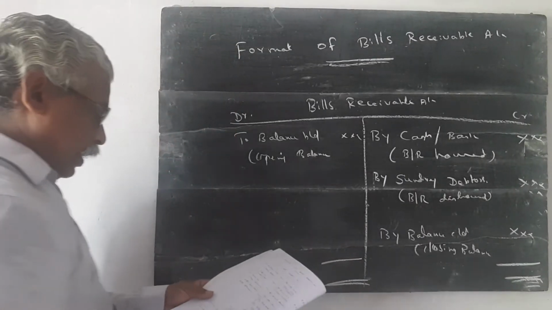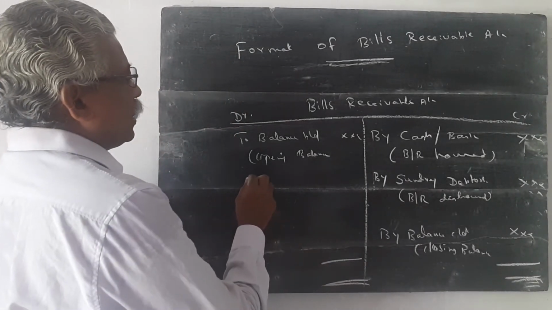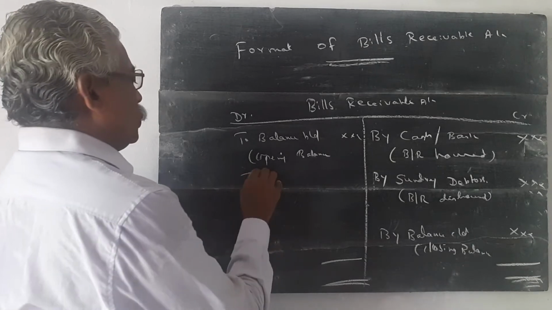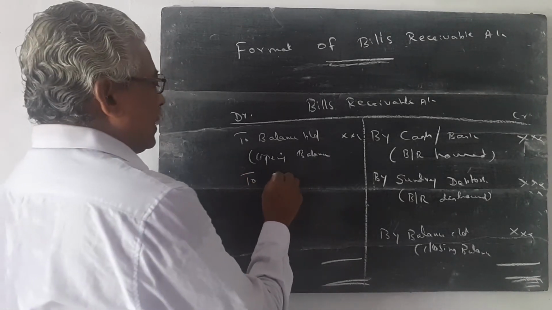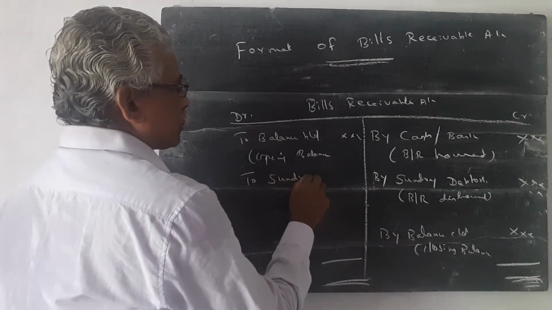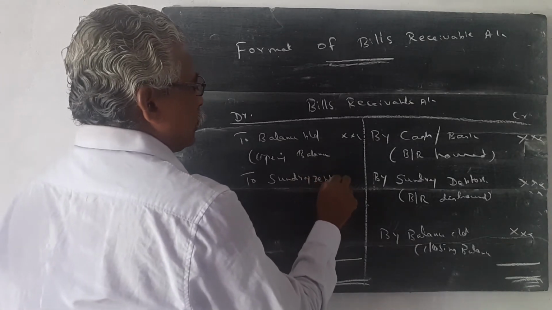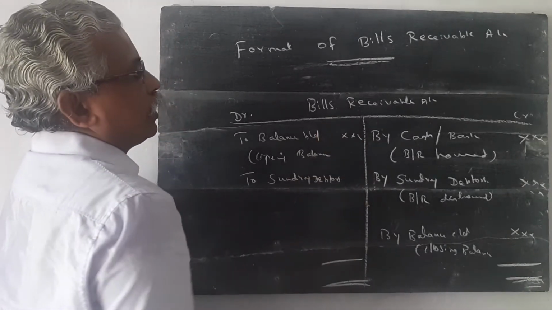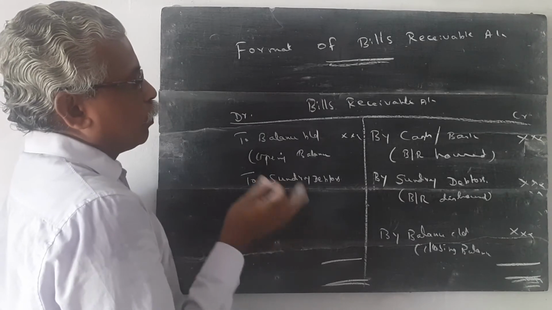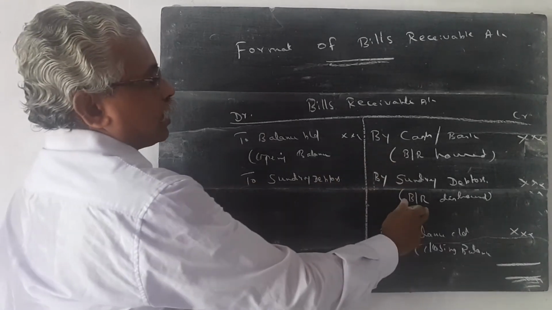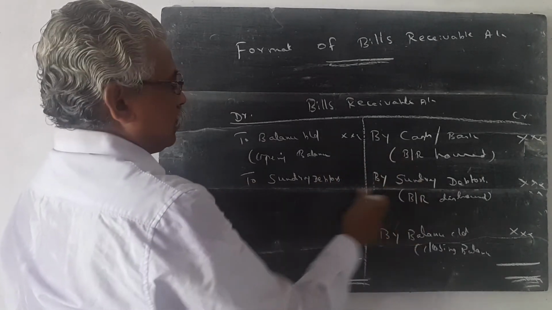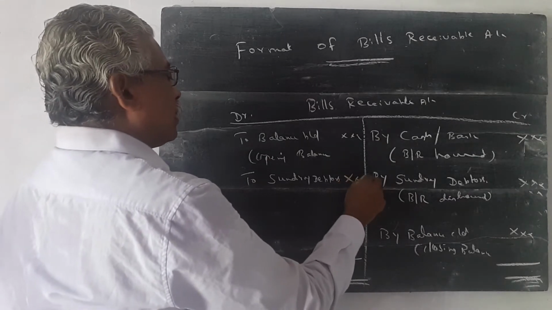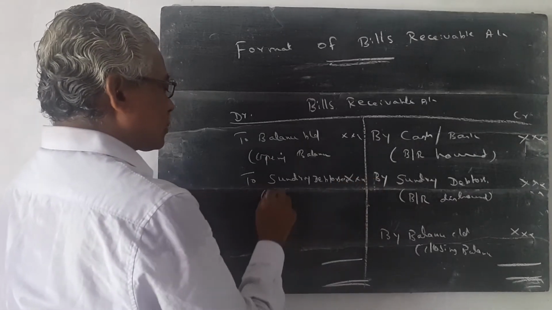Then any bills receivable received during this year is entered as sundry debtors. In the bills receivable account, we never use the words bills receivable account. This information is entered in brackets.